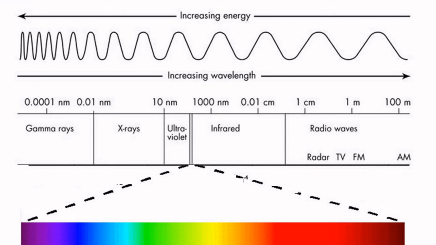This is the entire picture: electromagnetic radiation and electromagnetic spectrum. Once again I repeat, the waves traveling with the velocity of light and consisting of oscillating electric and magnetic fields perpendicular to each other and perpendicular to the direction of propagation are called electromagnetic waves, and the waves with different ranges of frequencies constitute an electromagnetic spectrum.